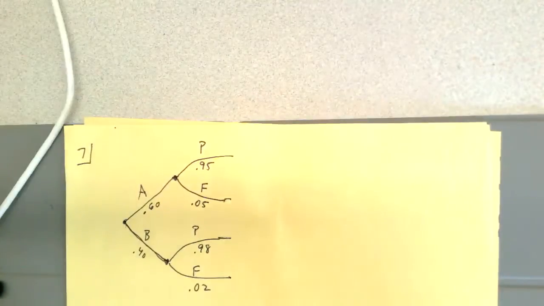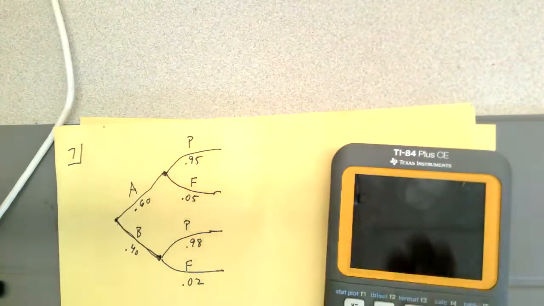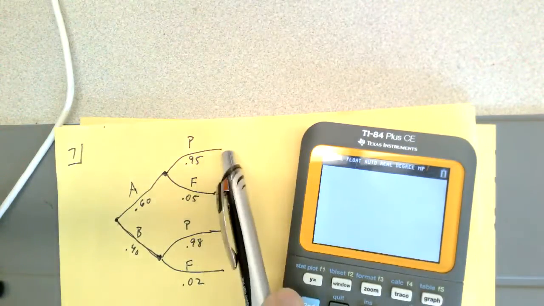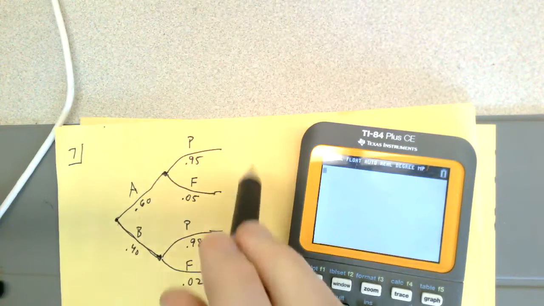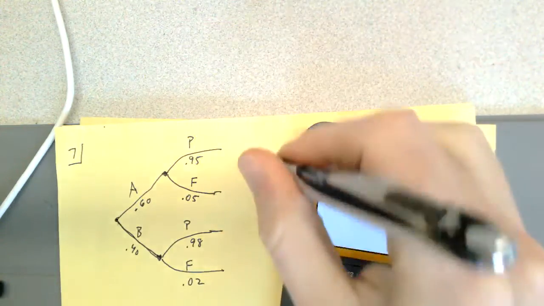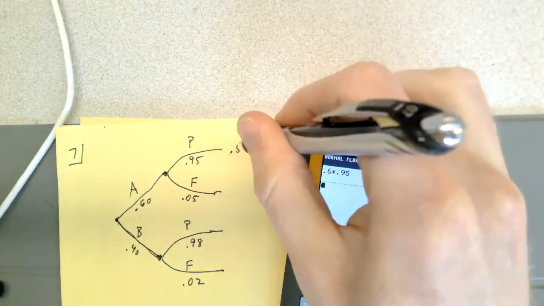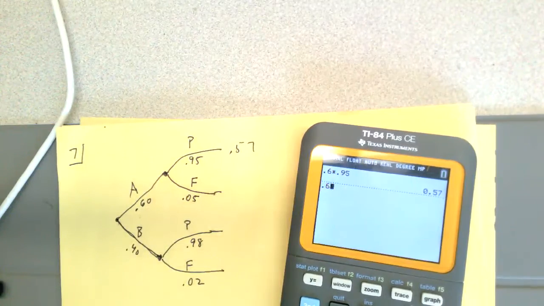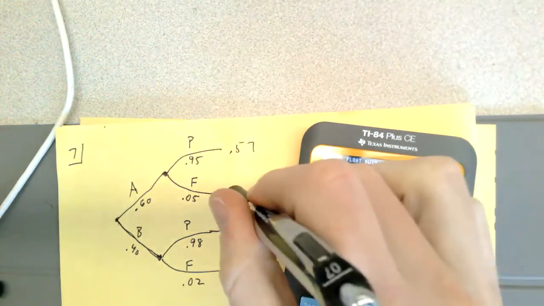And now we have to compute the end branch probabilities, which are obtained by multiplying along the branches. So this end branch that goes right here is going to be 0.60 times 0.95, which is 0.57. And then the next one's going to be 0.60 times 0.05. So that's 0.03.